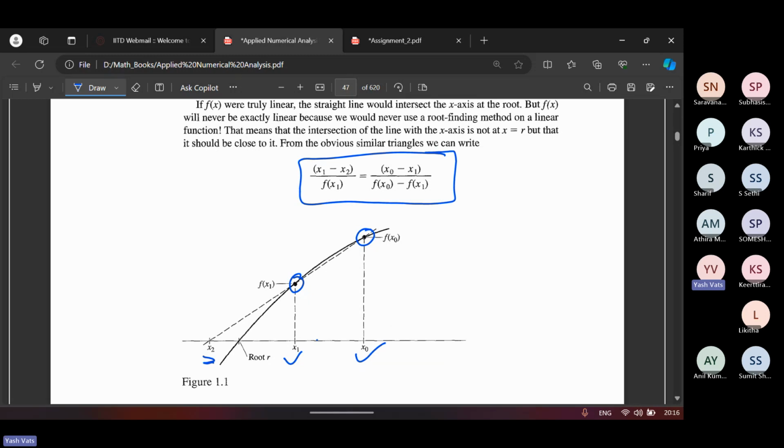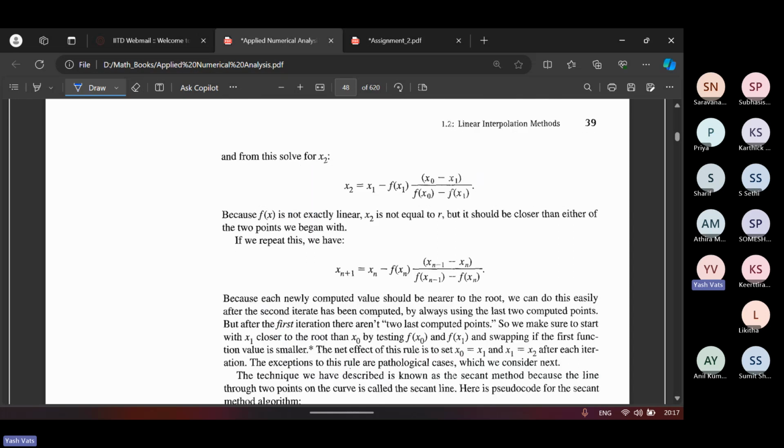So how do you get this relation? X1 minus x2 by f of x1. So it is the smaller triangle and the bigger one. You just use the similar triangles property to get this relation, and from this you can find the value of x2. This is the expression. Like this you do the next iterations.